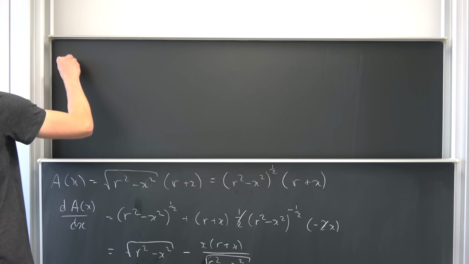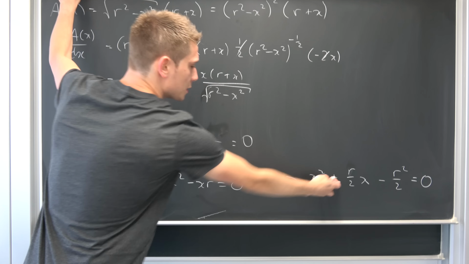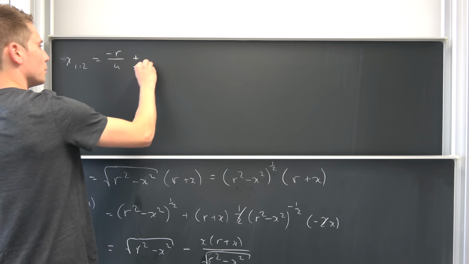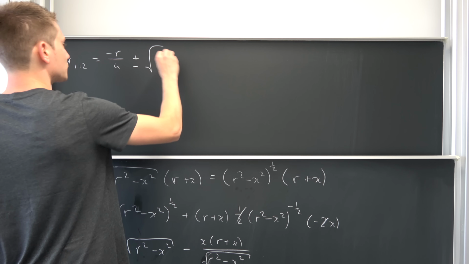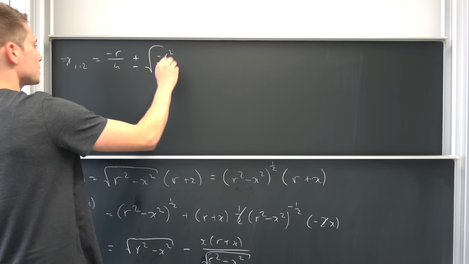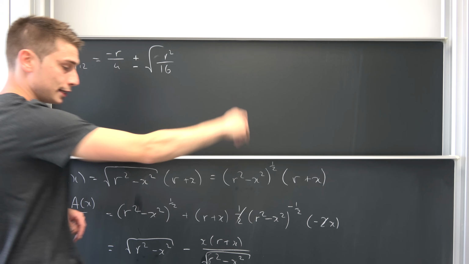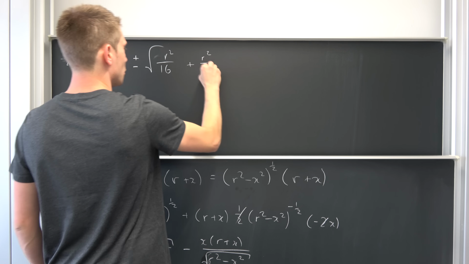So we know that x, 1 and 2 is nothing but, so negative this stuff right here, so negative r over 4, positive or negative square root of, and now we have negative r squared over 16, positive, because it's squared, and then negative and negative becomes positive, so r squared over 2.